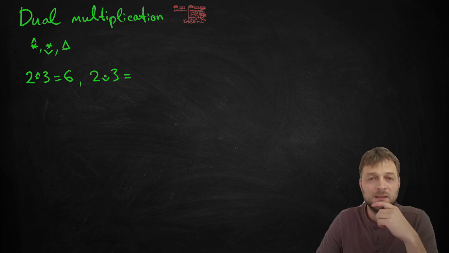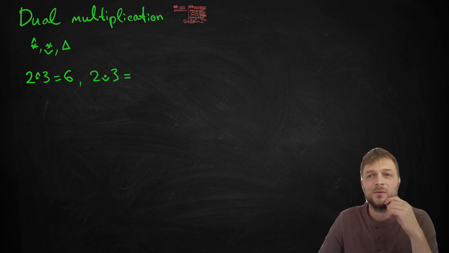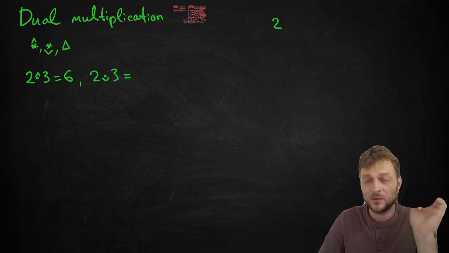I suggest we look at exactly what we did for addition and just mimic it for multiplication. On addition, the main trick that we used was the relation between parts and wholes.